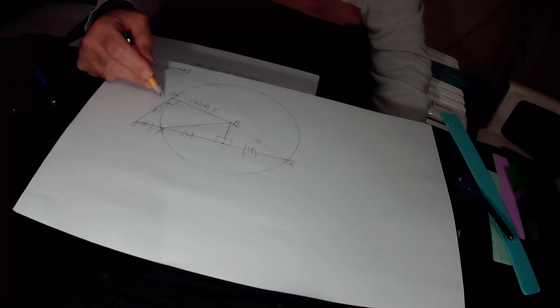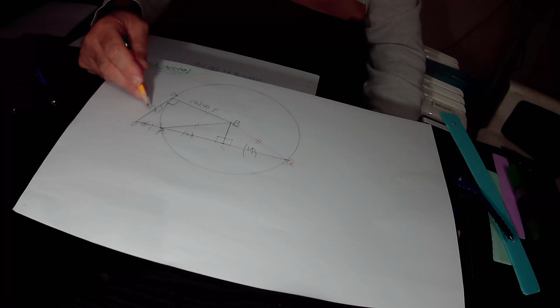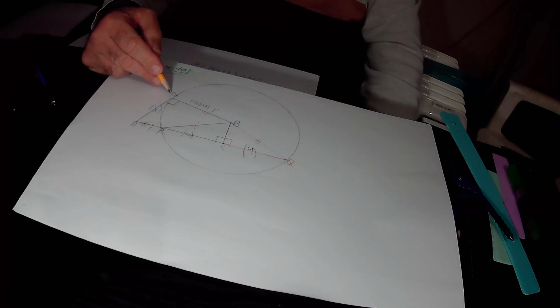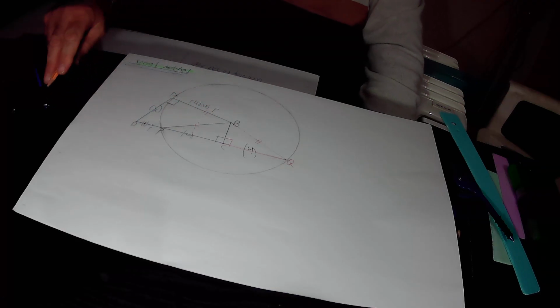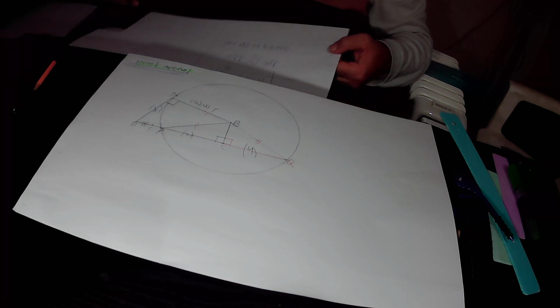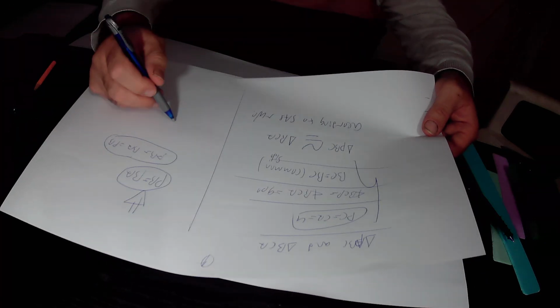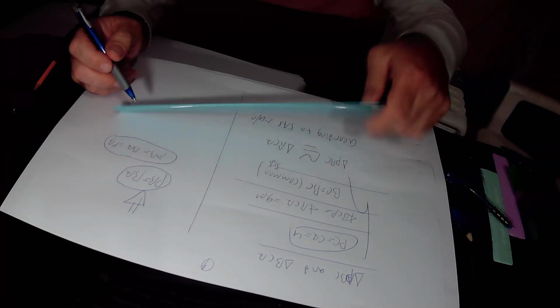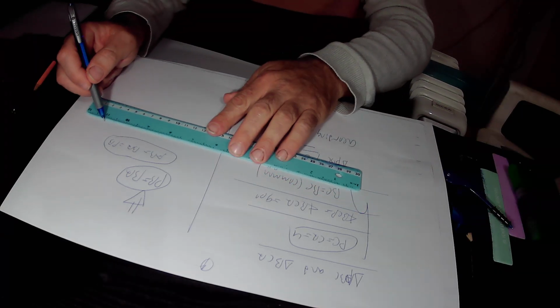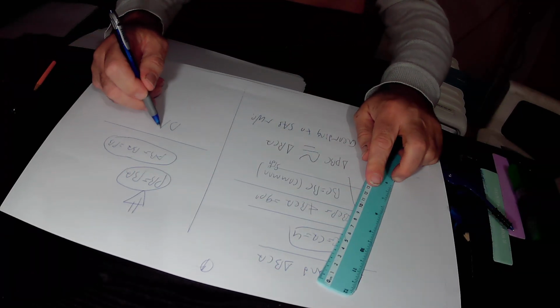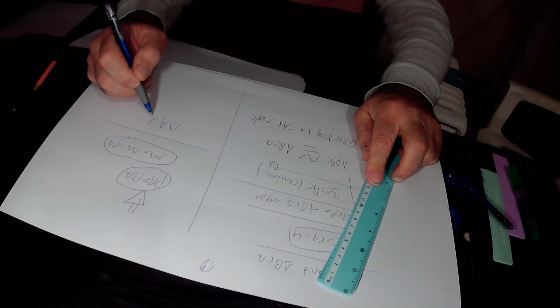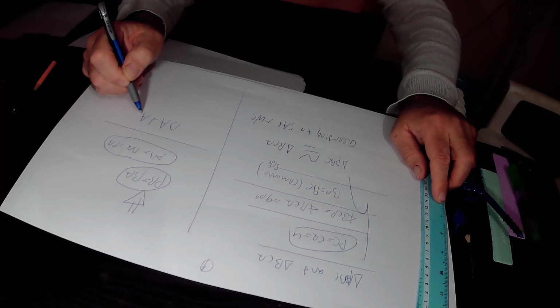This is line segment DA. According to what is given in the question, line segment DA is perpendicular to AB. So DA is perpendicular to the radius AB.